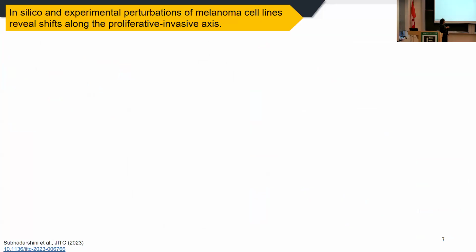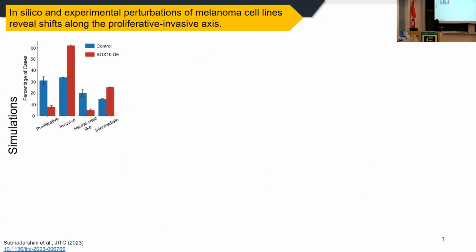Then what we can do is, so often in experimental labs, to test what can induce this proliferative to invasive transition, you can basically down-regulate or up-regulate a gene. But before testing it out experimentally, we can perform in silico simulations. For example, if I down-express one of my transcription factors, what happens?